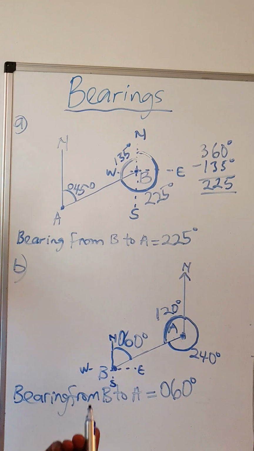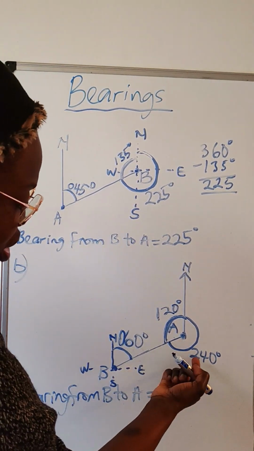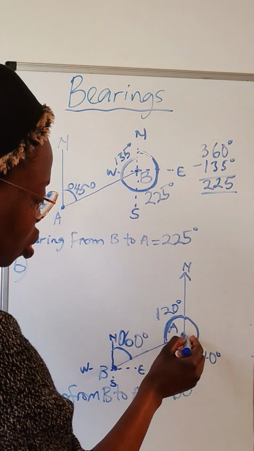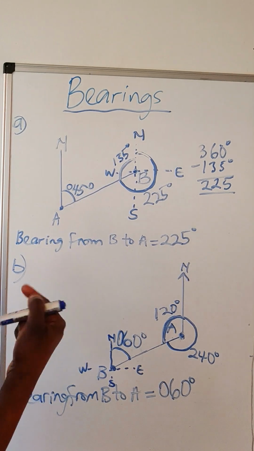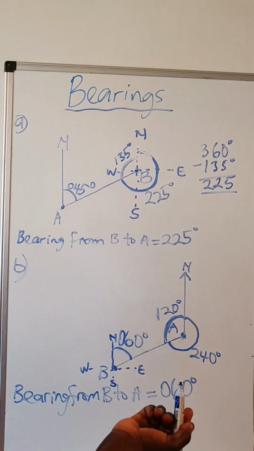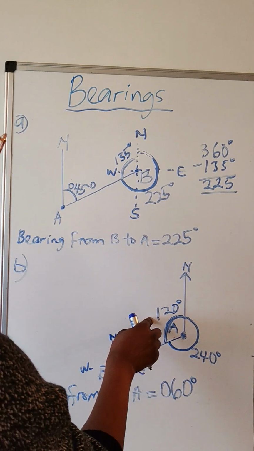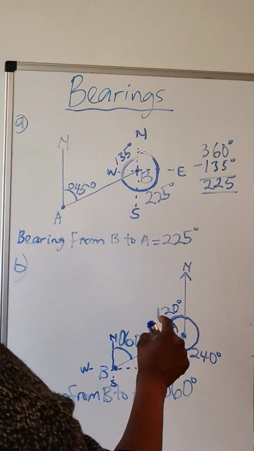Since this is 240 degrees and the full turn is 360 degrees, 360 degrees minus 240 degrees will give 120 degrees. 120 degrees now is the co-interior angle.